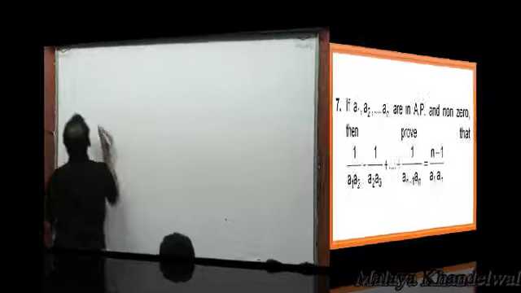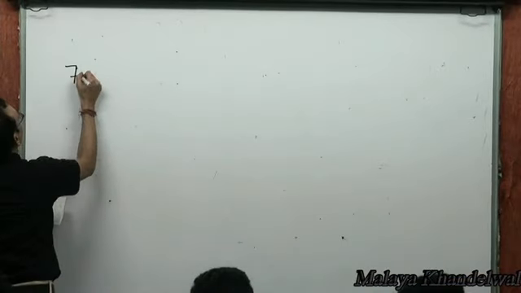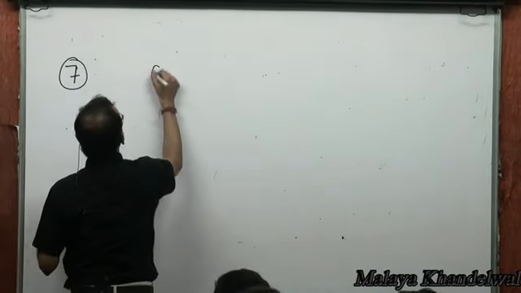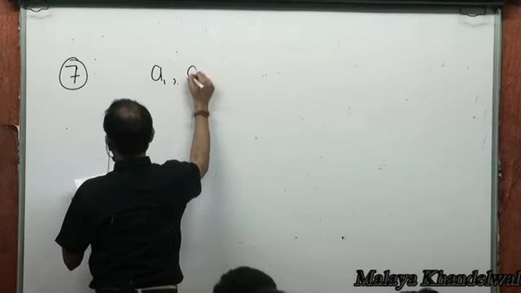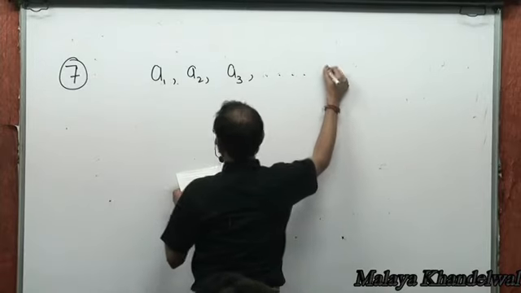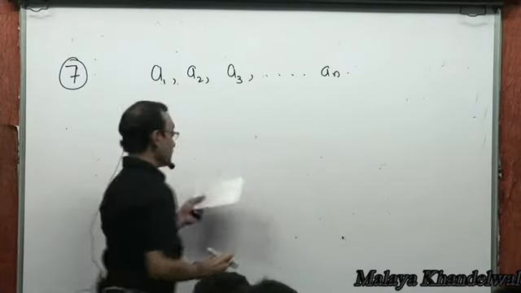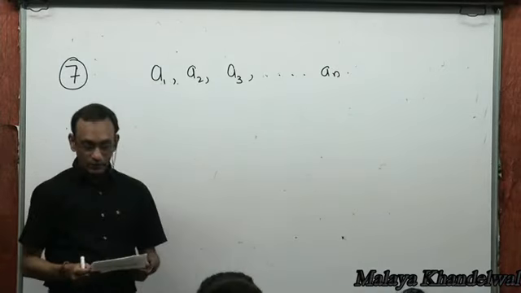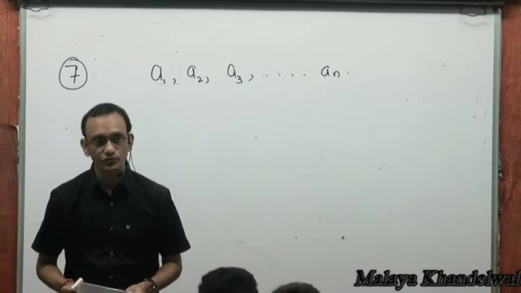Now number 7. A1, A2, A3, up to AN constitute an AP in which each term is non-zero.